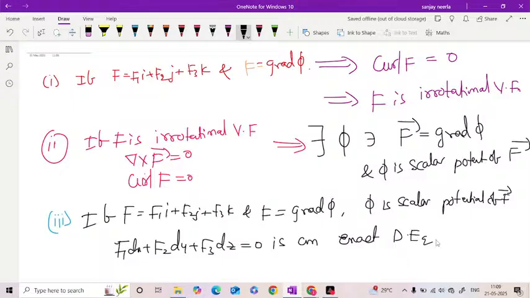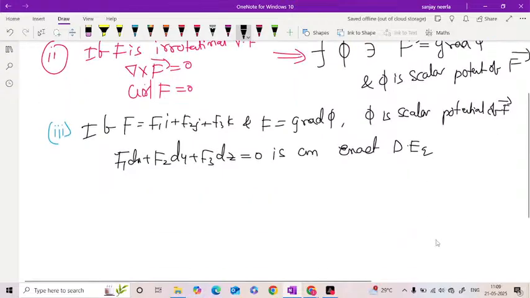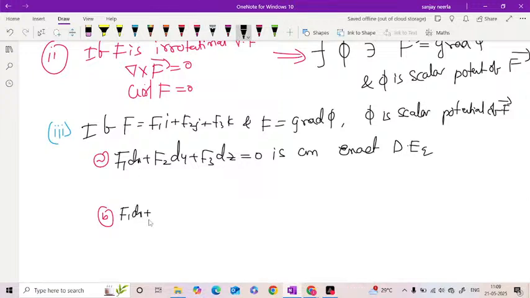And we have the necessary and sufficient condition for f1 dx plus f2 dy plus f3 dz equal to 0 to be an exact differential equation.